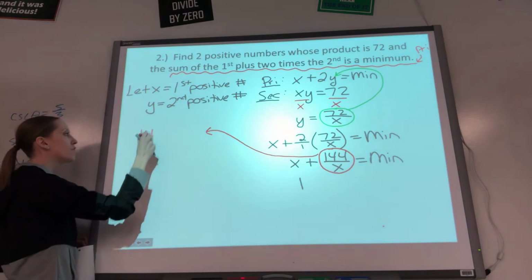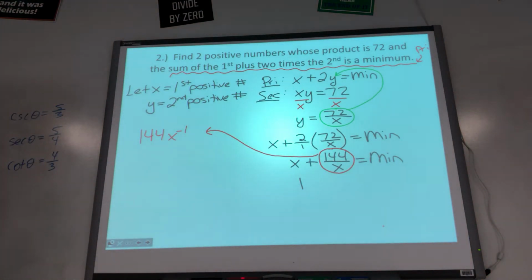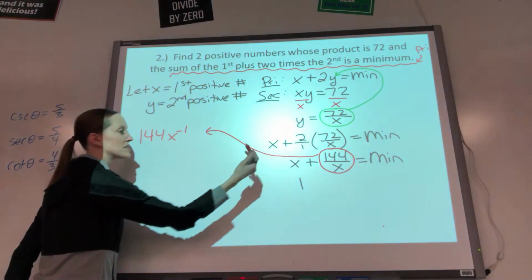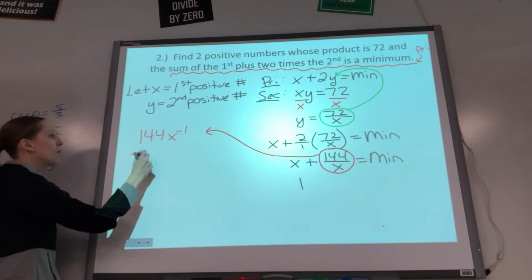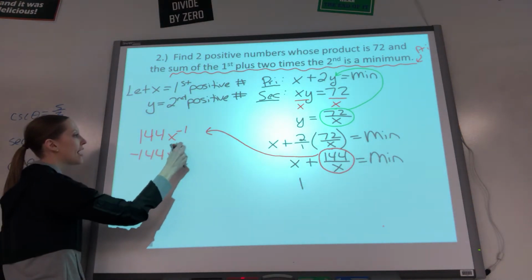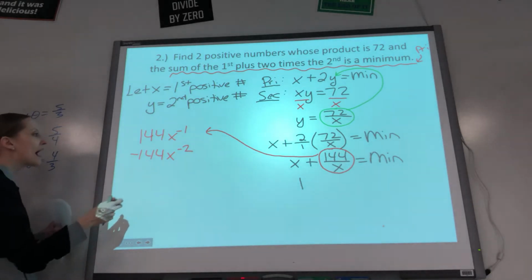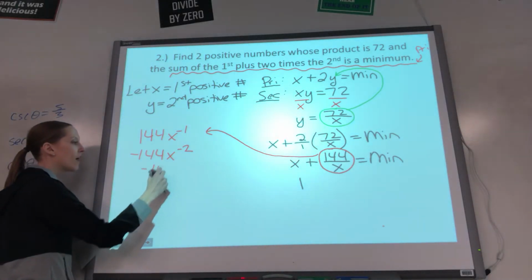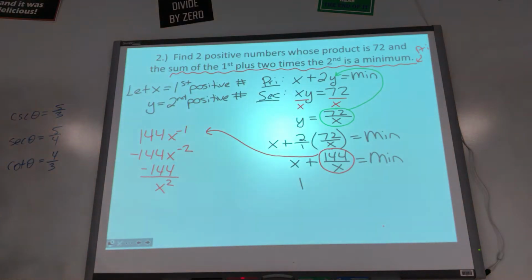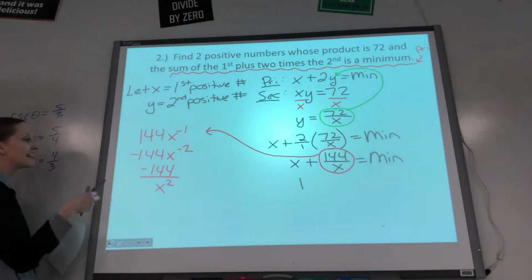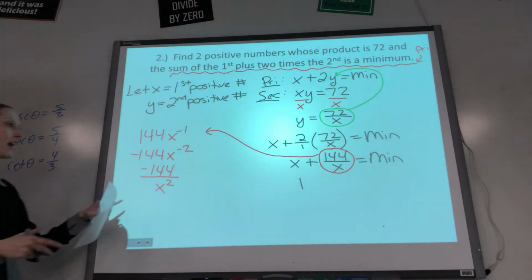Very good. 144 x to the negative first. That's not the derivative. That's just me rewriting it. And so now, pull the exponent out front, make it to the 1 less power. And I don't like to leave a negative exponent in my derivative, so I'll rewrite that as negative 144 over x squared.